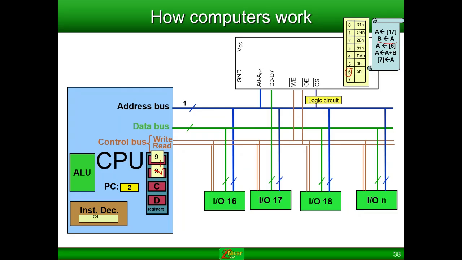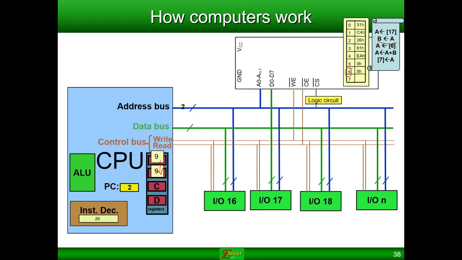Now our program counter moves on to 2, and it gives that 2 into the address bus and gets the second command. Here we can see that the instruction on 2 is 26. So this instruction is going to go to our CPU, which is going to decode it.